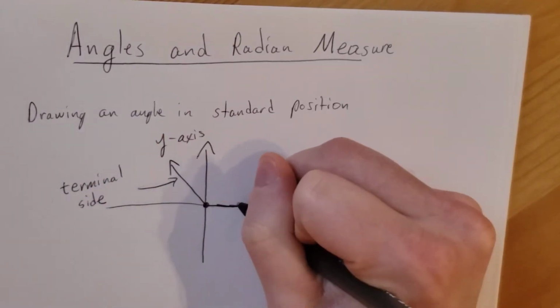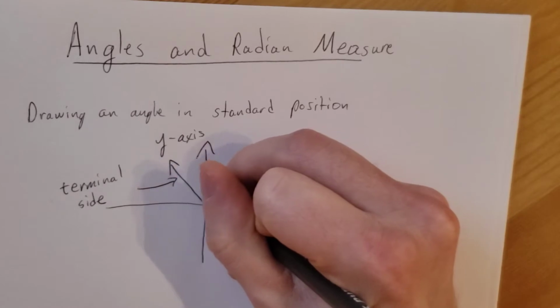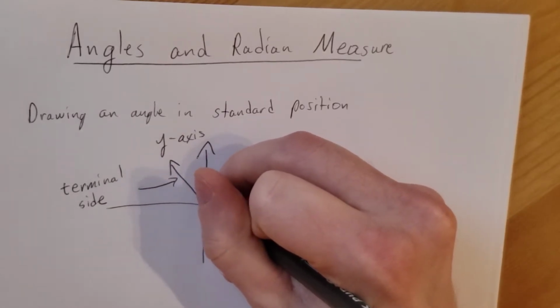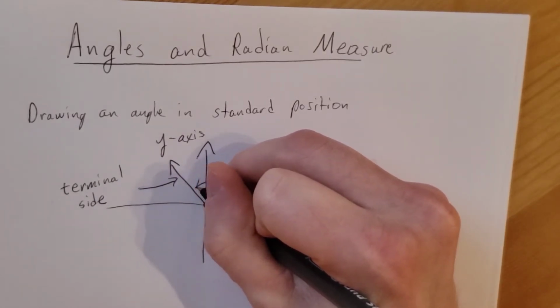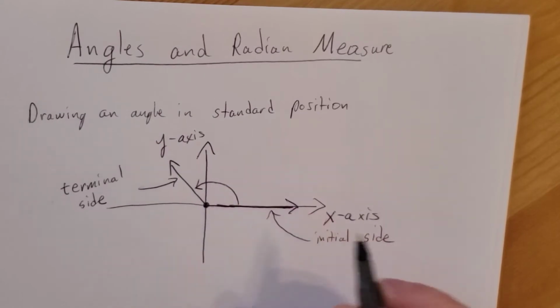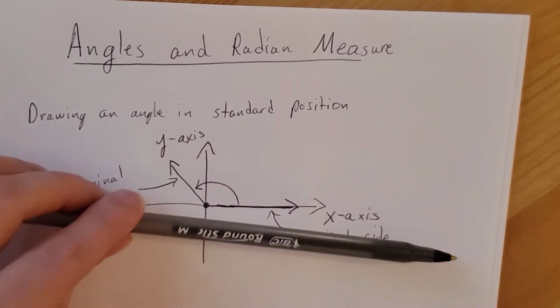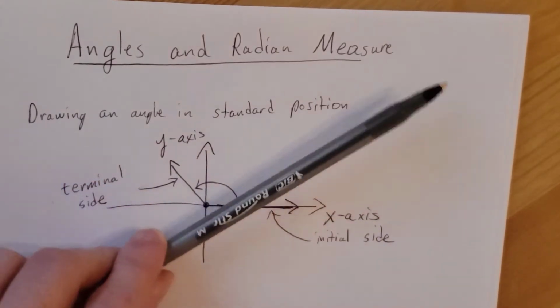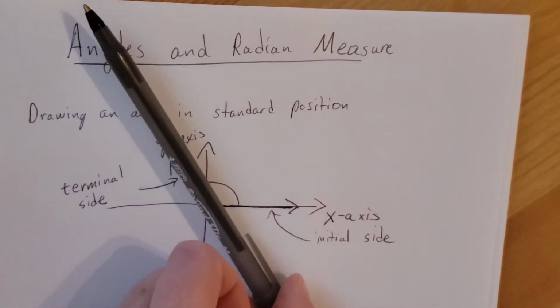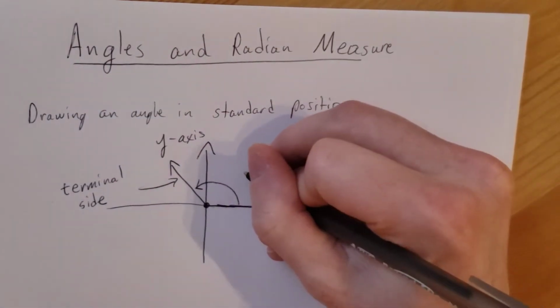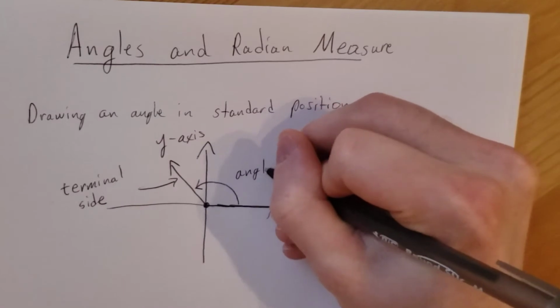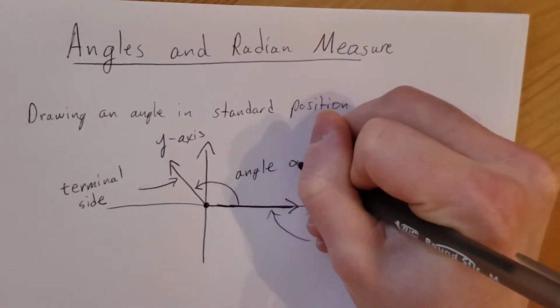And what is the angle? The angle is the degree or radian measure of rotation between the initial side and the terminal side. So we can call this usually angle alpha.